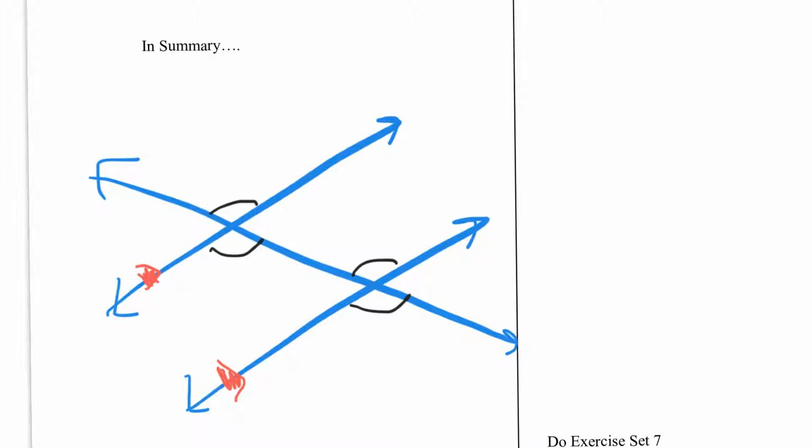Those 4 are the same. And these 4 are the same. All the black angles are congruent. All the red angles are congruent. If you pick any pair of black and red angles together, they will always add up to be 180. That is true in every case when you have parallel lines in a transversal.